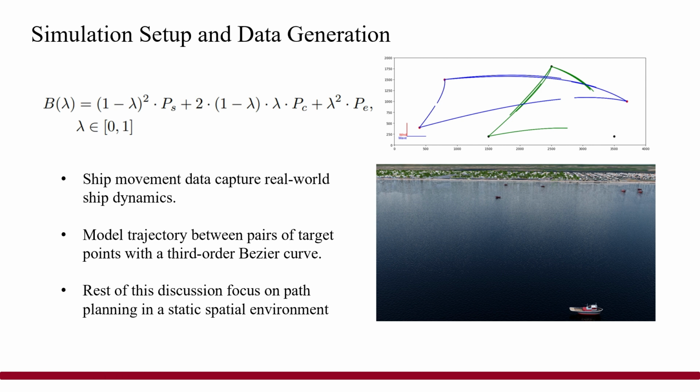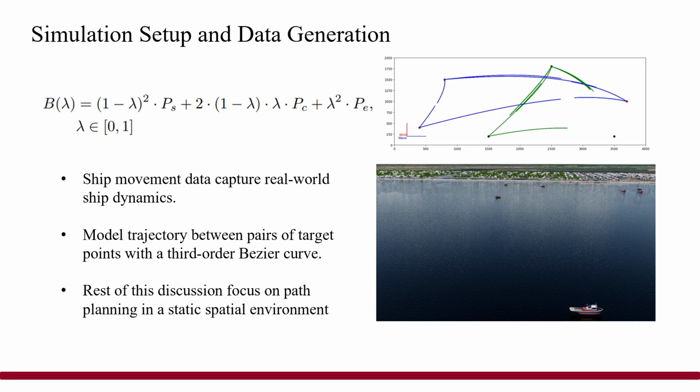We model the trajectory between the pairs of target points using a third-order Bezier curve, which helps us to calculate the ship positions at various times along its path. The middle point, PC, is a control point controlling the path curvature, which is influenced by both the wind and wave velocities.